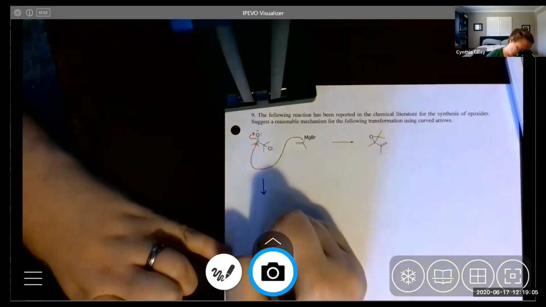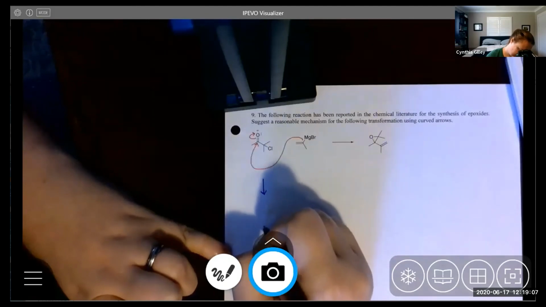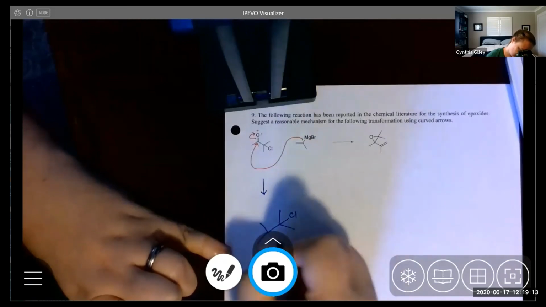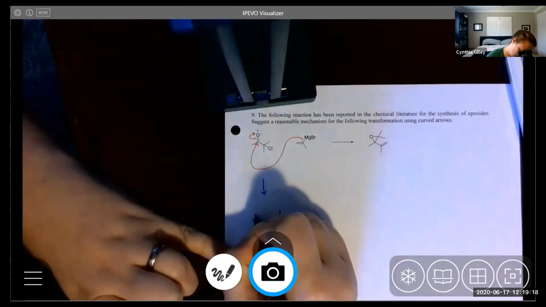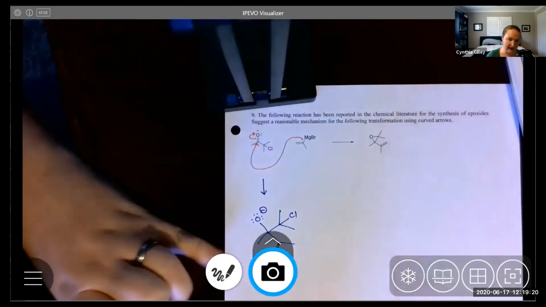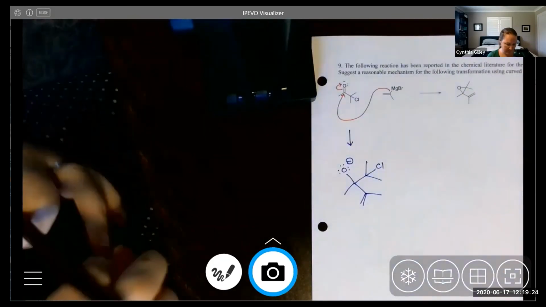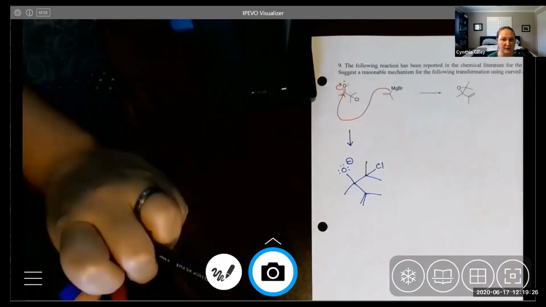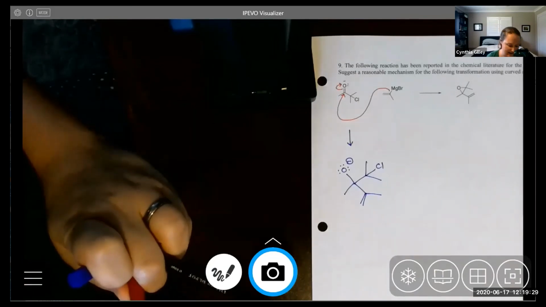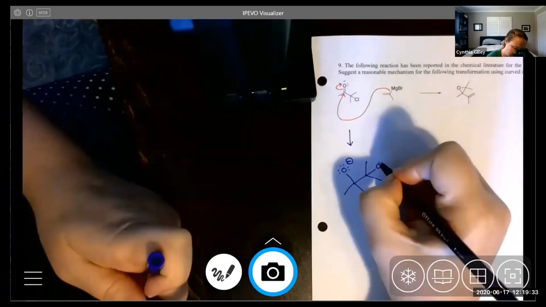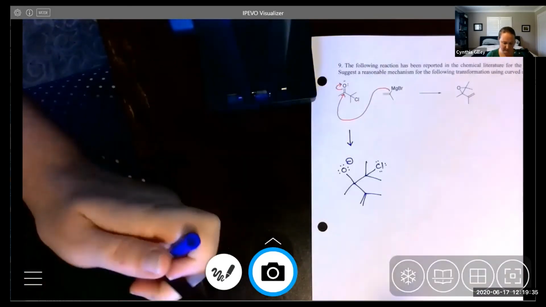So we have, after the nucleophilic attack, that's just showing that attack. And then the idea is basically we're doing a Williamson ether synthesis, but within the same molecule.